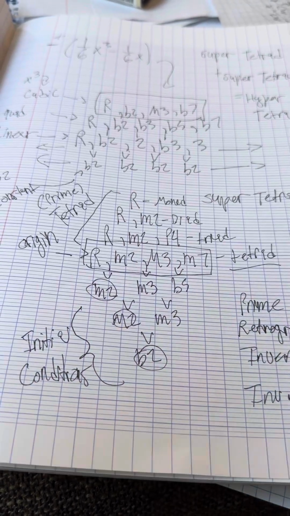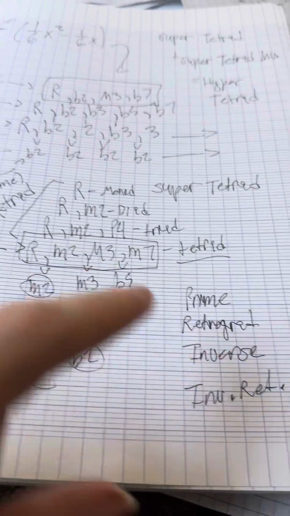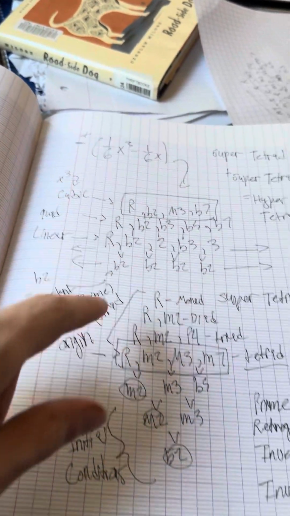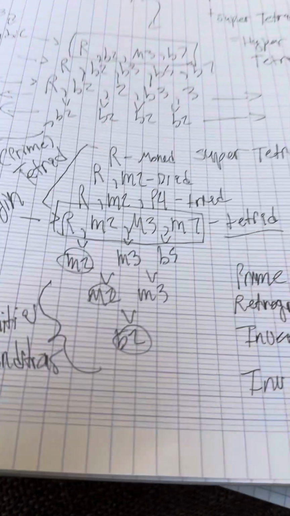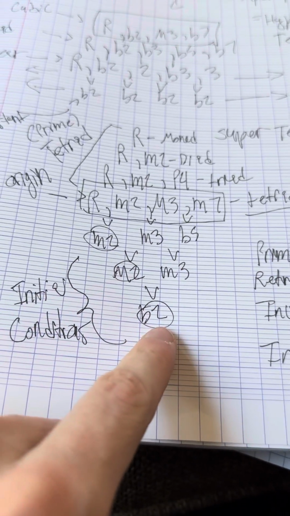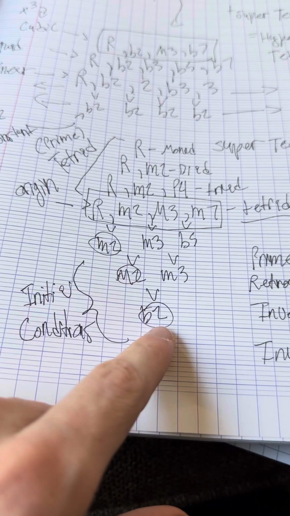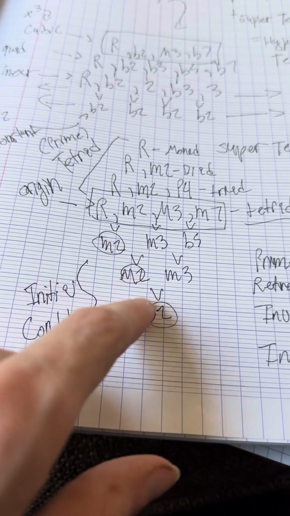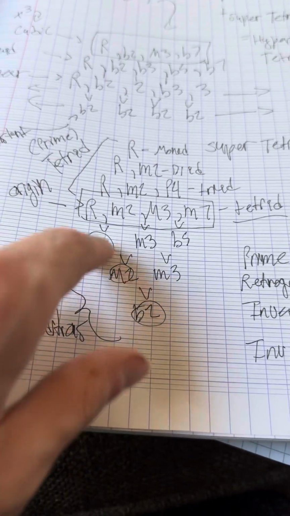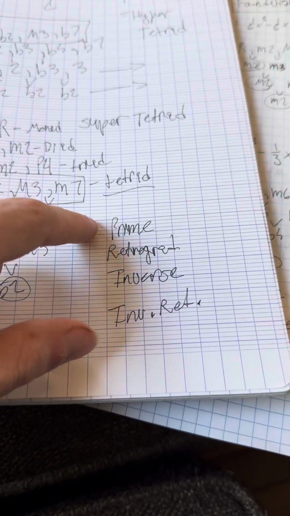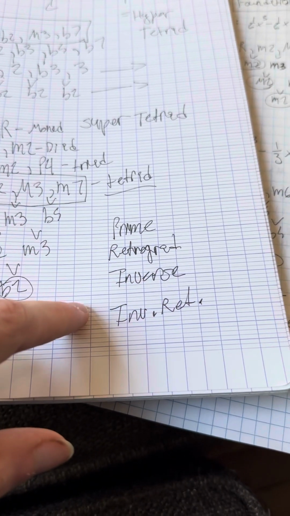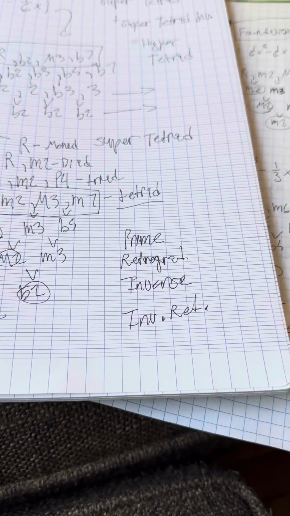And then as you see from the negative sign, you can make it negative, and that's going to give you the inverse tetrad. So if our constant is here, this is going to be a major 7 instead of a flat 2, and all these are going to go to their natural inversions. And that's coming from this structure here, the prime retrograde, inverse retrograde structure.